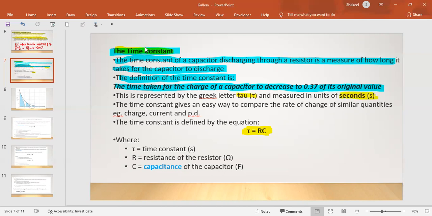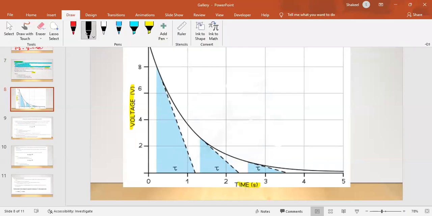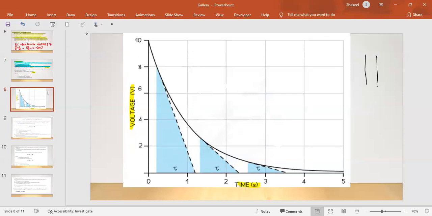So what's the importance of the time constant? It gives us an easy way to compare the rate of change of current, charge, and potential difference. If we look at the graph, let's say this is the voltage-time graph for a capacitor to discharge. So let's say this is the capacitor that is going to be discharged. This is the negative charge. This is the positive charge.